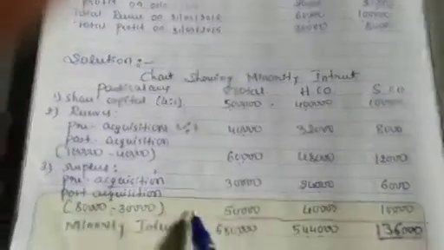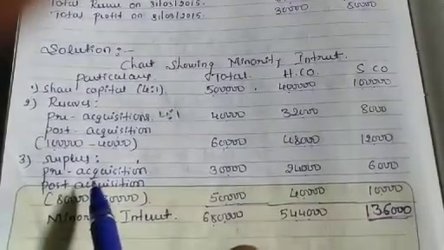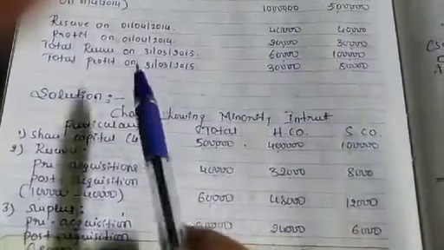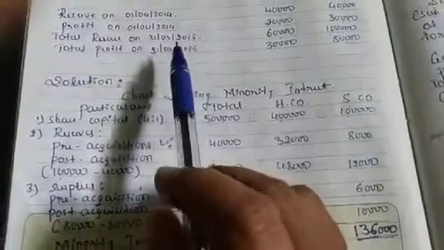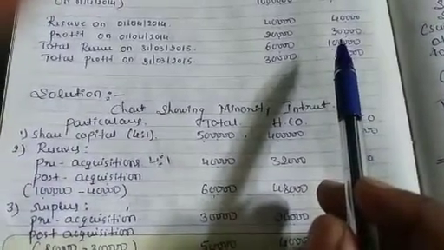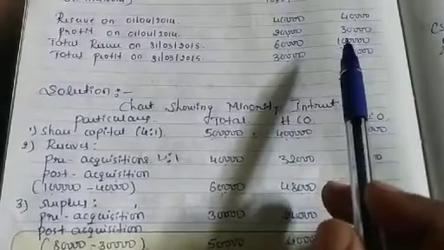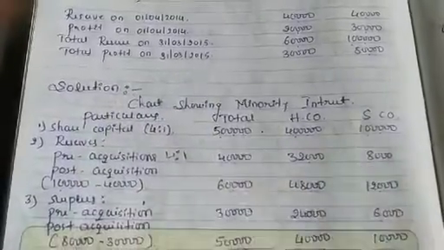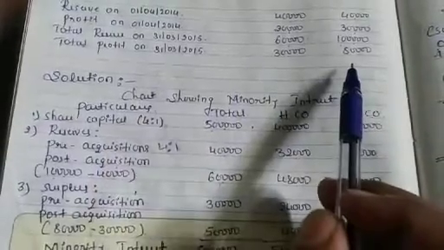Then at the same time we have to move to surplus or profit and loss. The pre-acquisition profit is given as of 1/4/2014, which means it is a pre-acquisition profit. So the subsidiary company's pre-acquisition profit is 30,000, and the total profit on 31/3/2015 is 80,000.